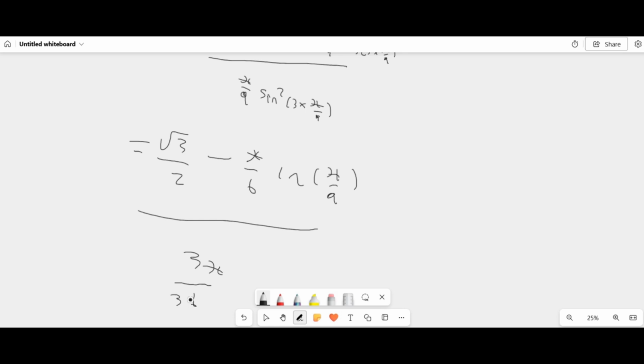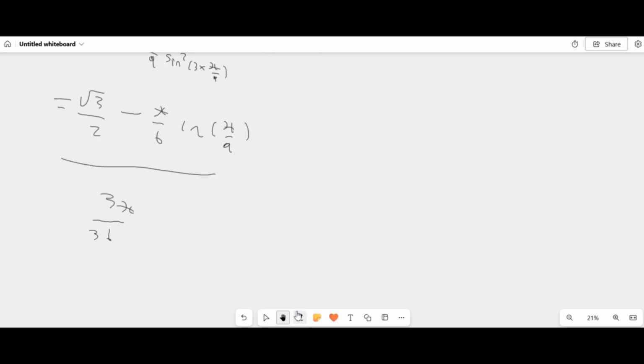All right, safe. Now what we need to do here is times everything by 36 to clear the fractions. So you're going to get 18 root 3 up here, minus 6 pi ln pi over 9.